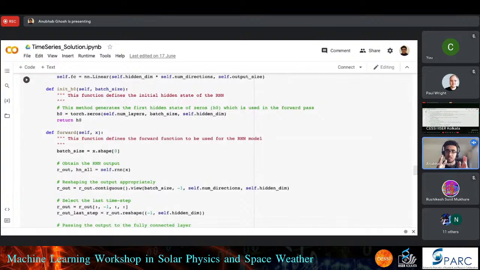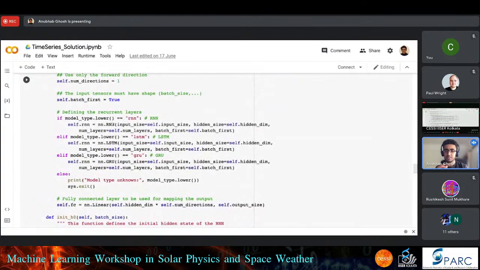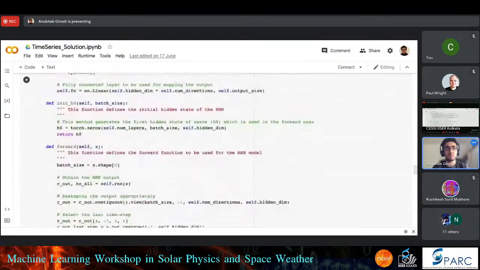So this means that in this case, it will pass this window number of points into the RNN, and the unfolding that you might have seen in the lecture happens implicitly inside the RNN. So you don't have to define the update equations explicitly here, as you did in the echo state network. The self.rnn, or rather the RNN definition here, has functions inside the library to implement the recursion.